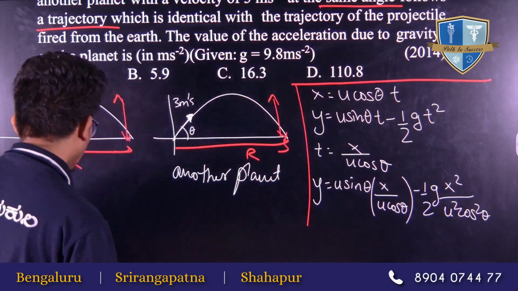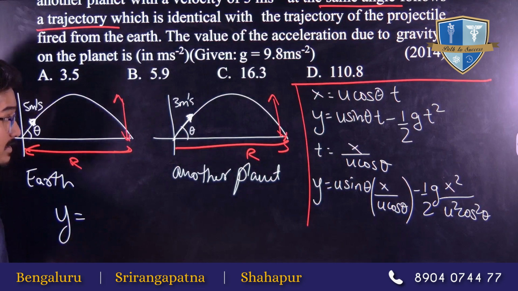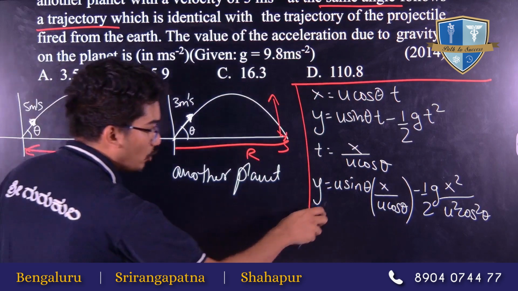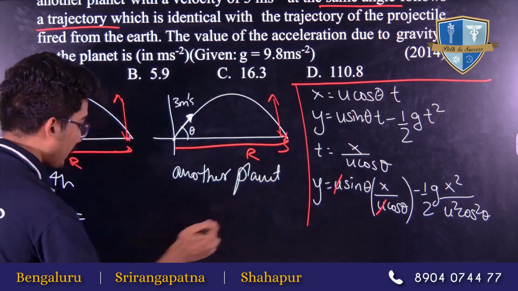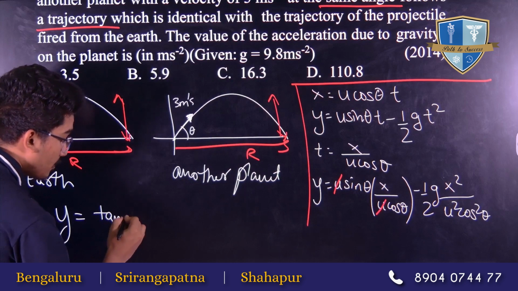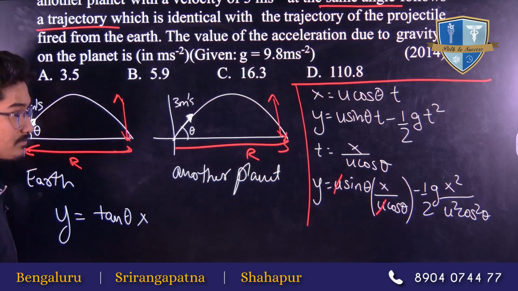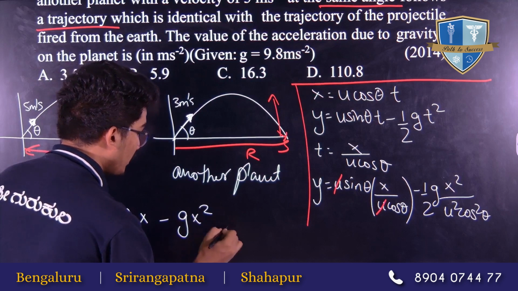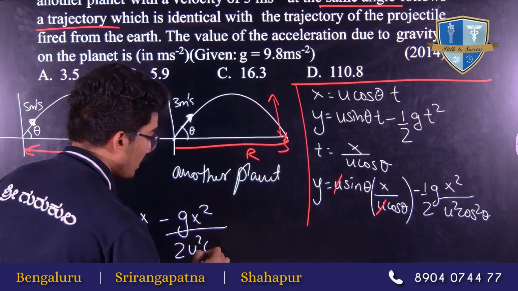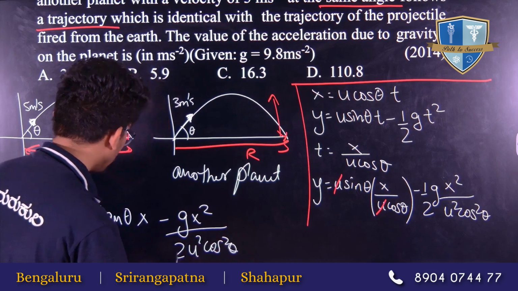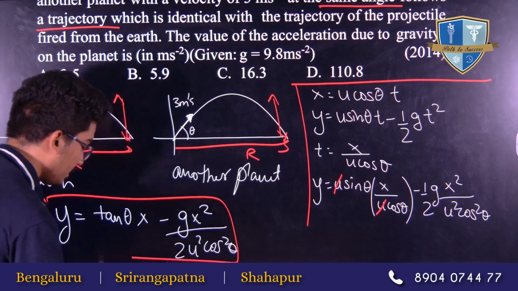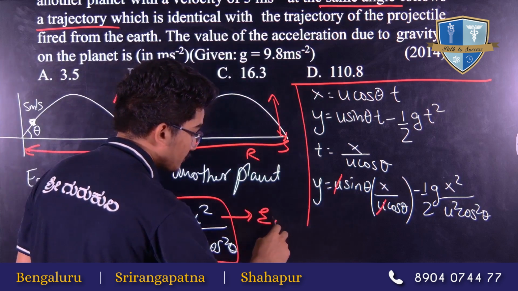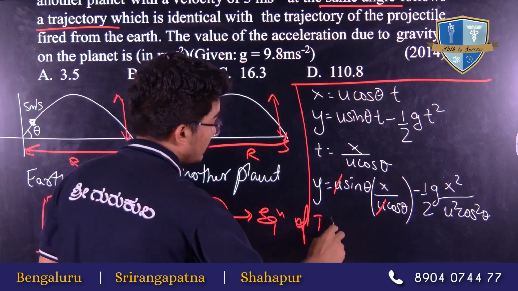So now the equation of trajectory: y equals, u and u cancel out, sin theta by cos theta becomes tan theta into x, minus g x square divided by 2u square cos square theta. This is known as the equation of trajectory.